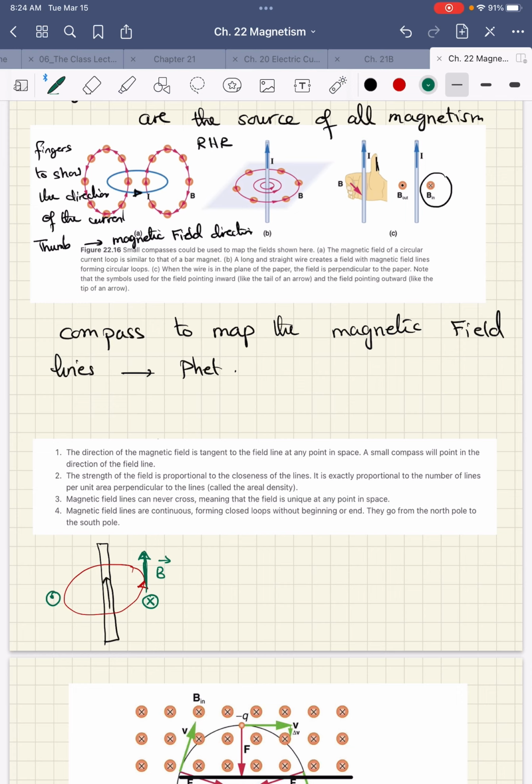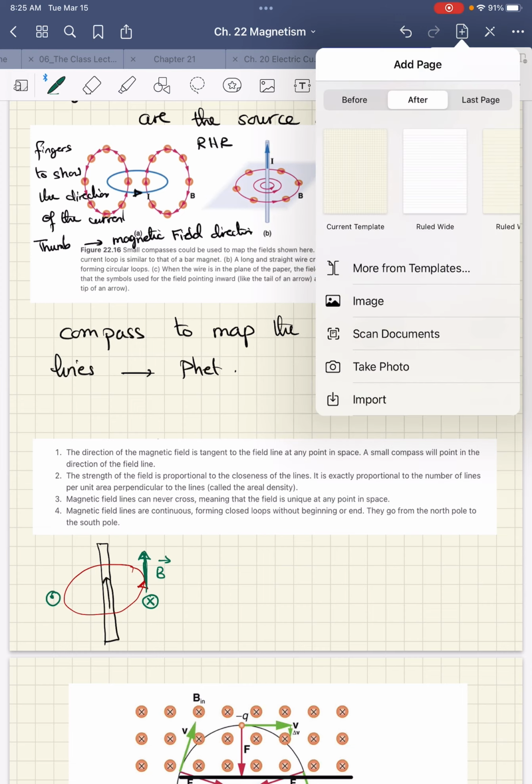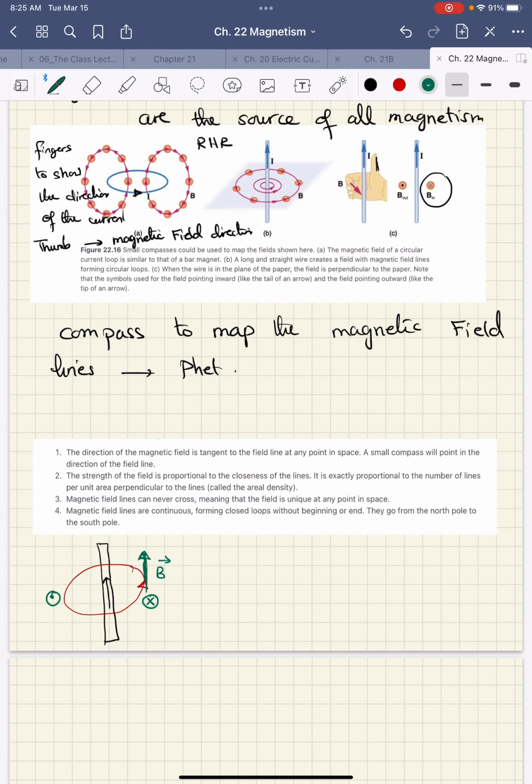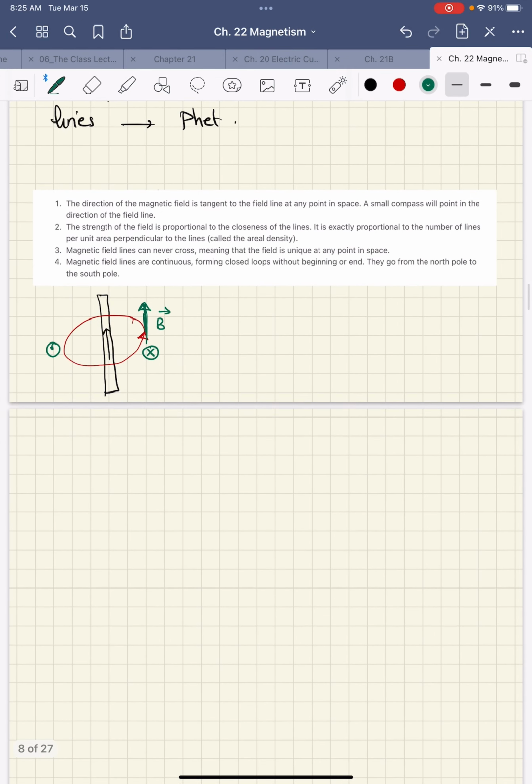Now I will move to the next thing. Let me add a page here. This is 22.4.